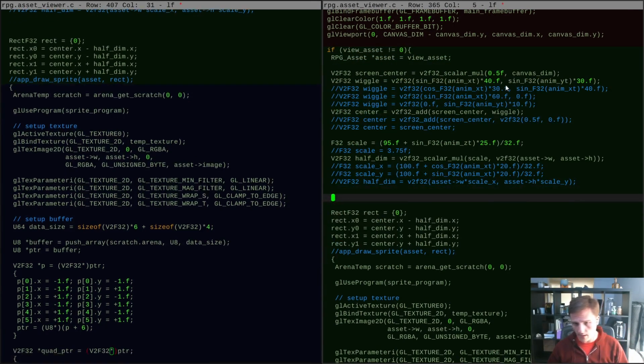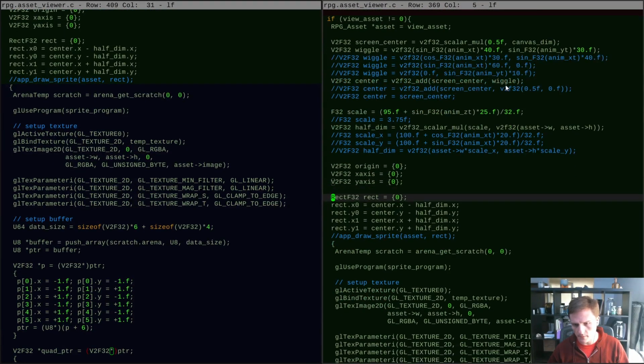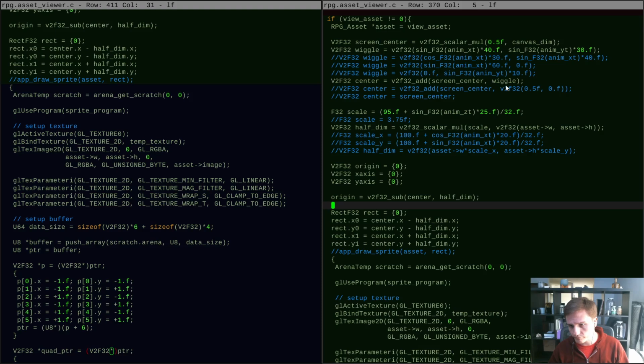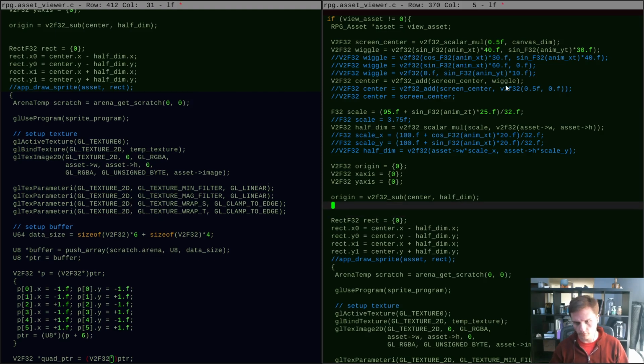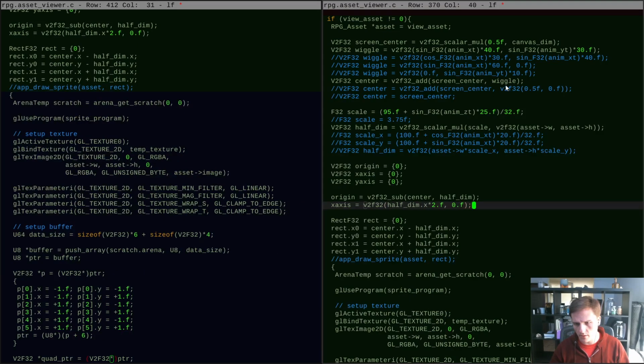So instead of calculating rect, we're going to calculate origin, x-axis, y-axis right here, with origin being V2F32 center minus half dim, x-axis equaling V2F32 half dim dot x times 2, 0.